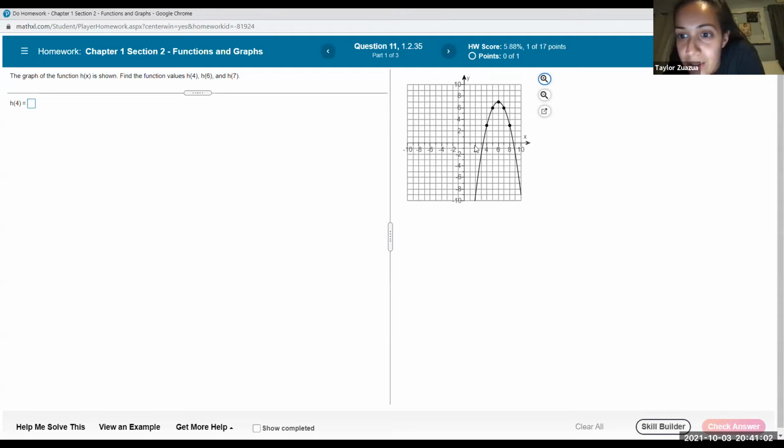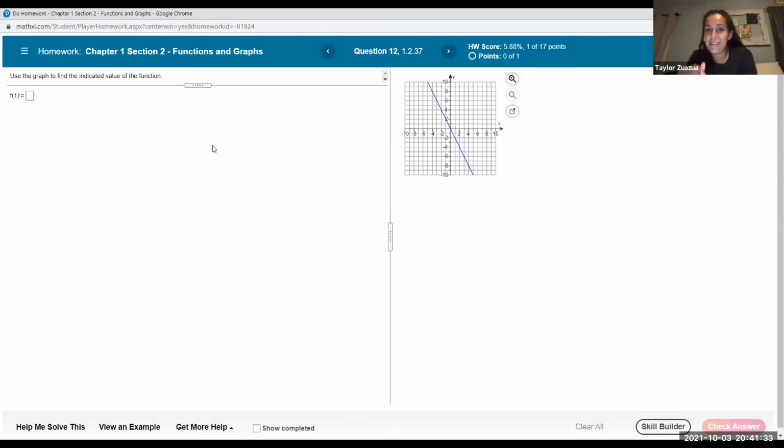Very good. When X is 4, Y is 3. Gotcha. When X is 7, Y is 6. Yep, it goes up to 6. Oh, okay. I was like, it's trying to throw you off, but those are X values, and you're just wanting to read your Y values. Right.